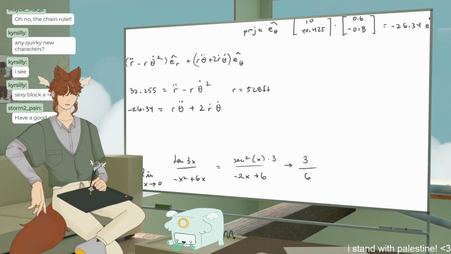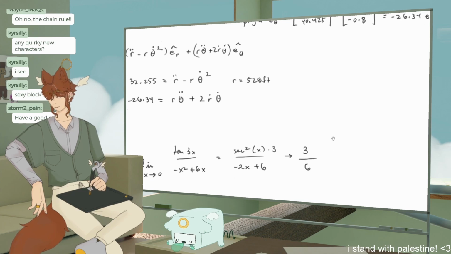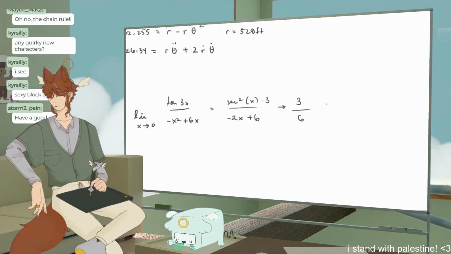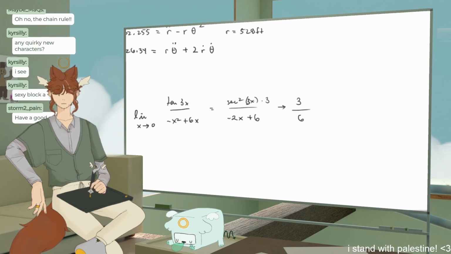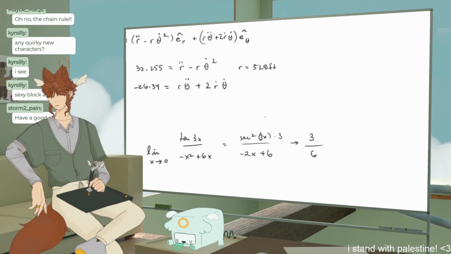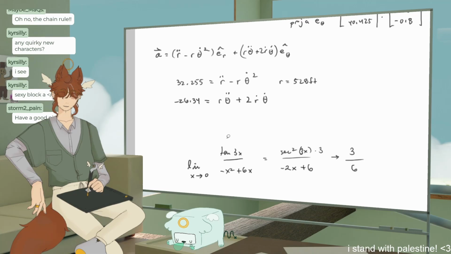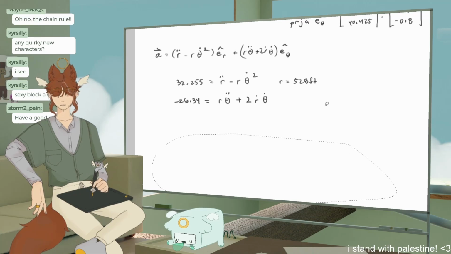Yeah, it's like 1/2. Okay, we're chilling. So you just take the derivative of the top and bottom. Big wins. And don't forget, oh wait, 3x. But that should be okay, because it's still 0. Okay.